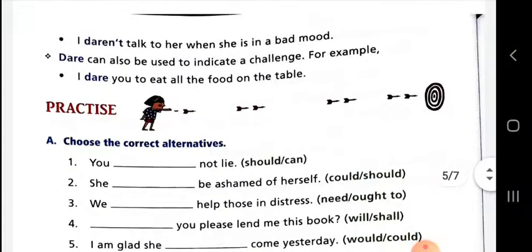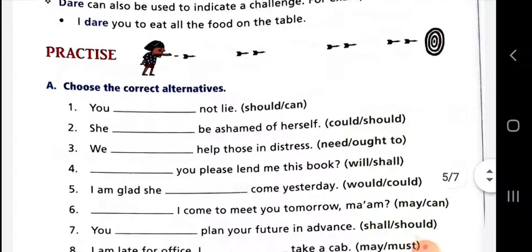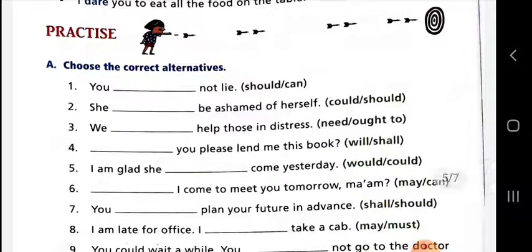Now you are given some exercises to practice. That is exercise A. Choose the correct alternatives. Some options are given in the bracket after the sentence, and you have to choose the appropriate alternative and fill in the blanks. You should not lie. You can fill should.